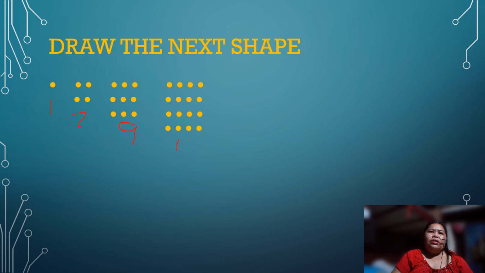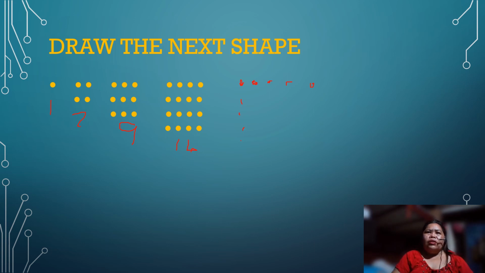So what do you think is the next shape? This time we are going to add 5 dots, okay? So it should be 5 by 5, no?